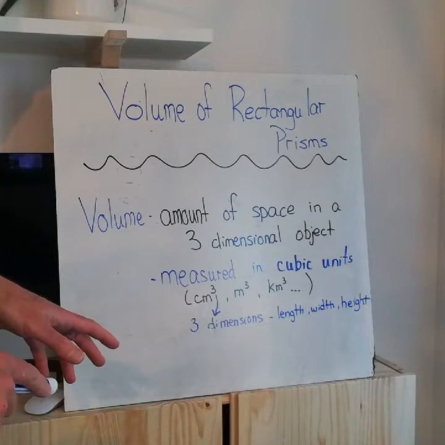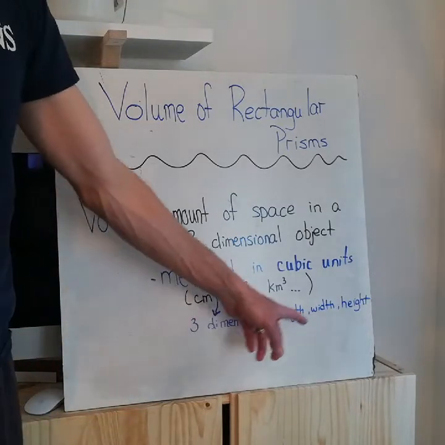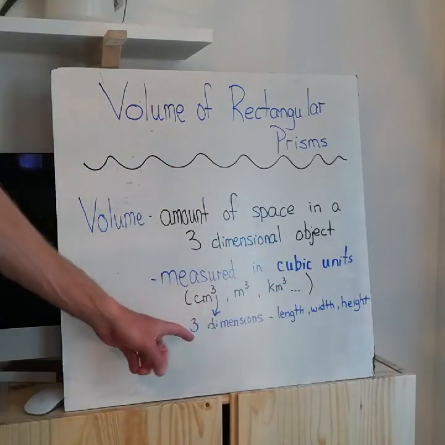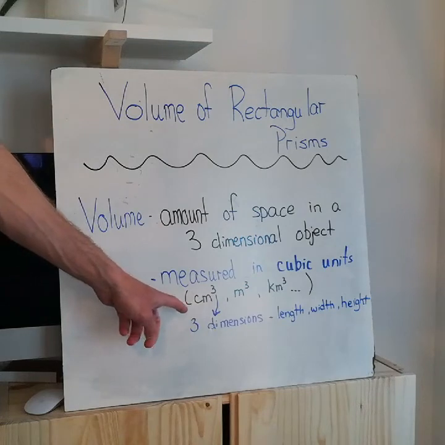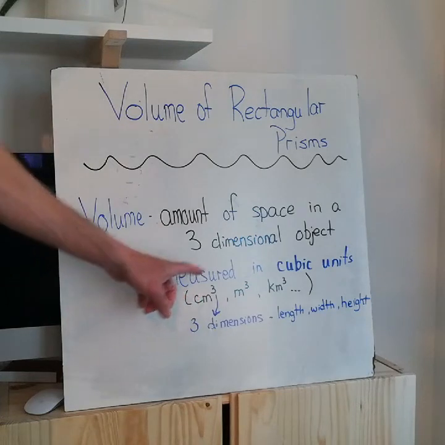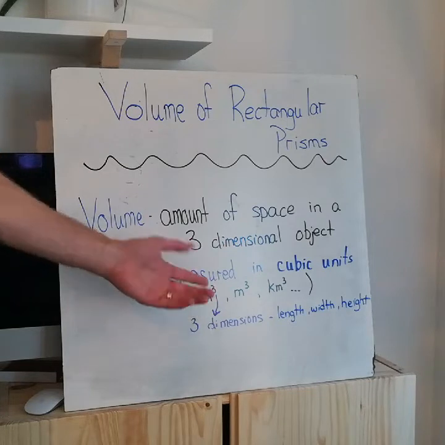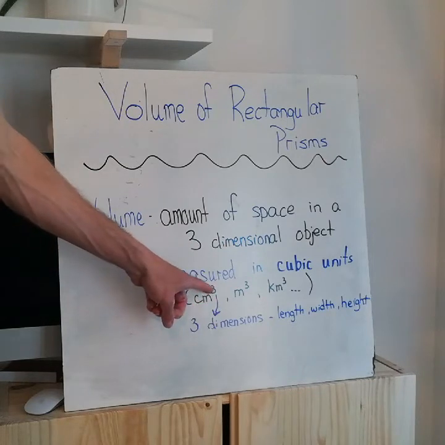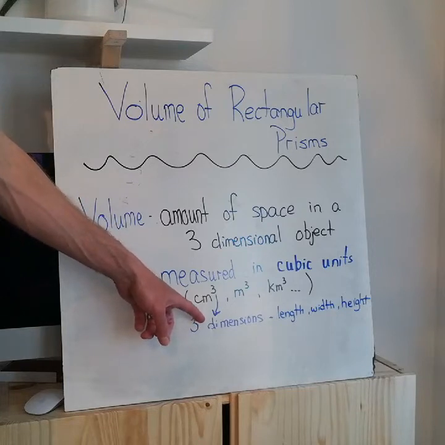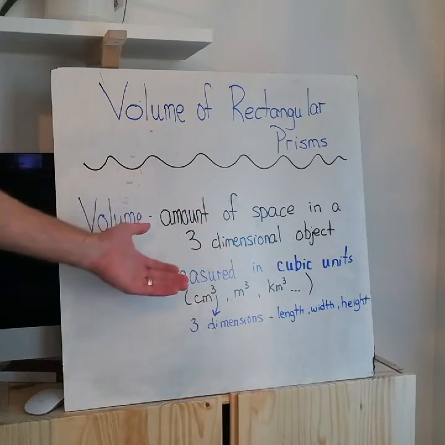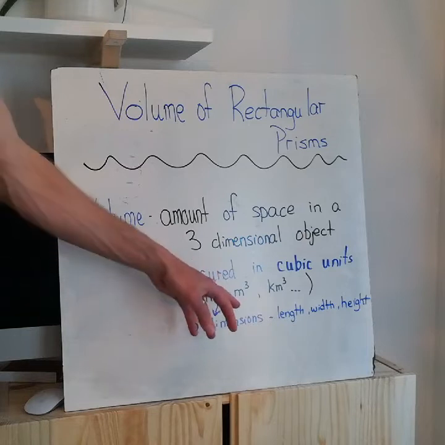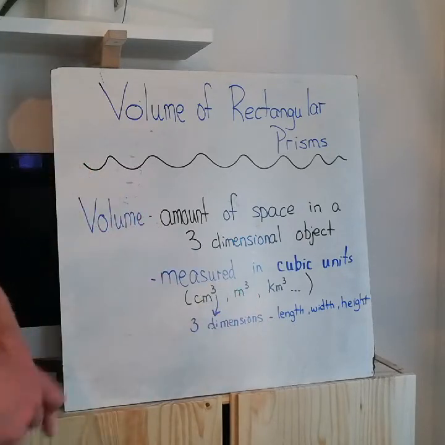So we have to figure out the length, the width, and the height. How you write the answer to questions is in cubic units. Cubic basically means three dimensions. So that little 3 stands for three dimensions, which is also a cubic unit. So it's either centimeters cubed, meters cubed, or kilometers cubed.